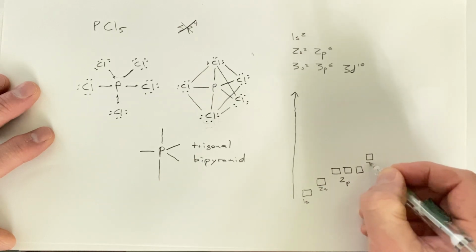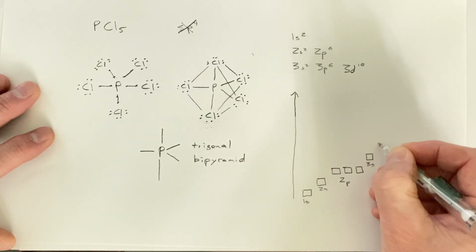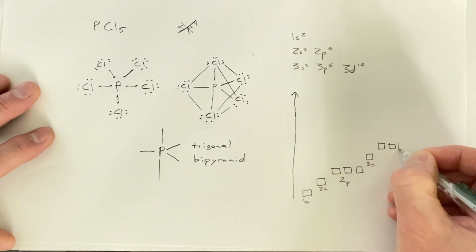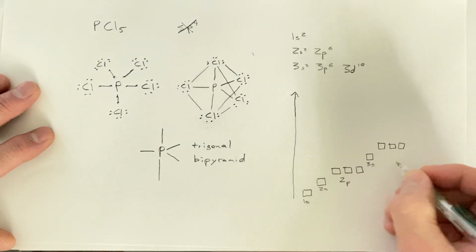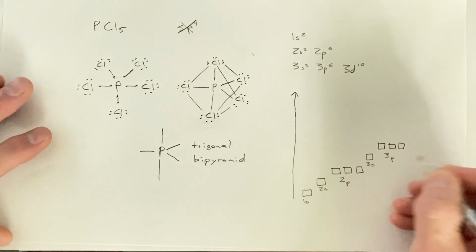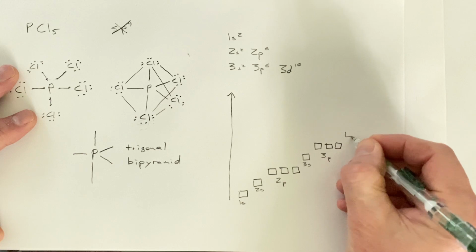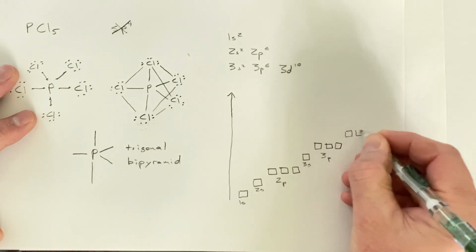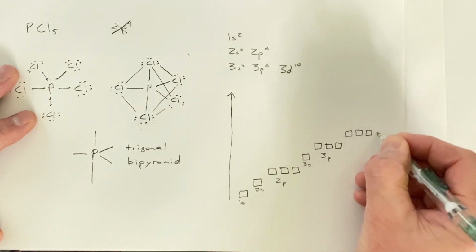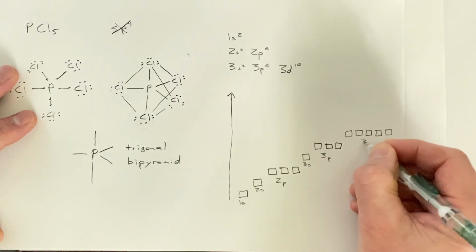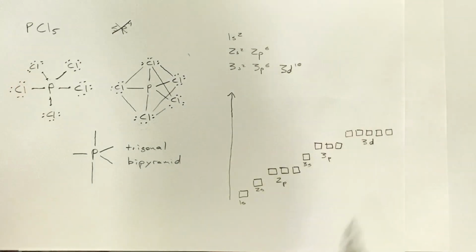We will have our 3s orbital. We will have our 3p orbitals. And we will have our 3d orbitals.